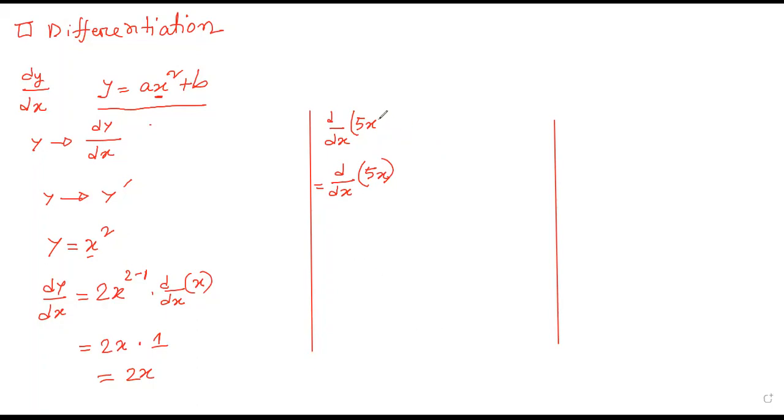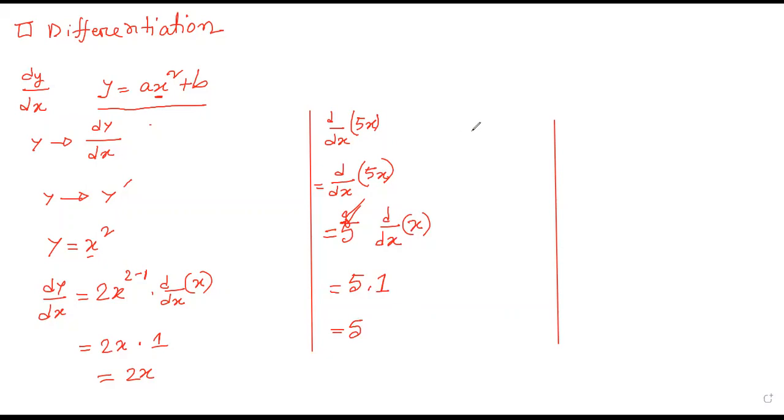So it will be d by dx of 5x. We can keep 5 as it is, and d by dx of x. Only differentiation will be on the variable. So 5 into 1. So it will be 5.